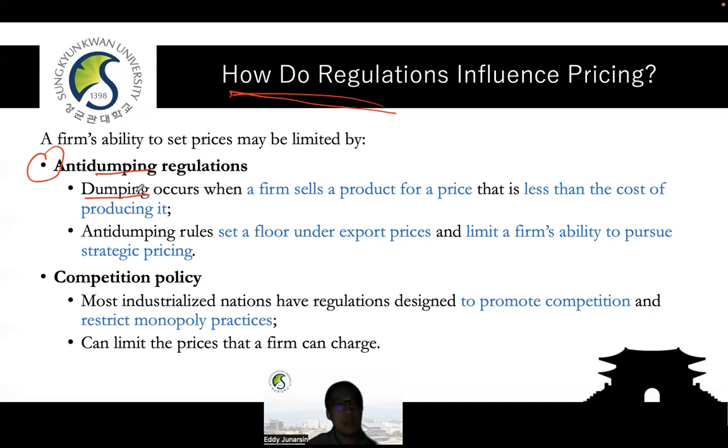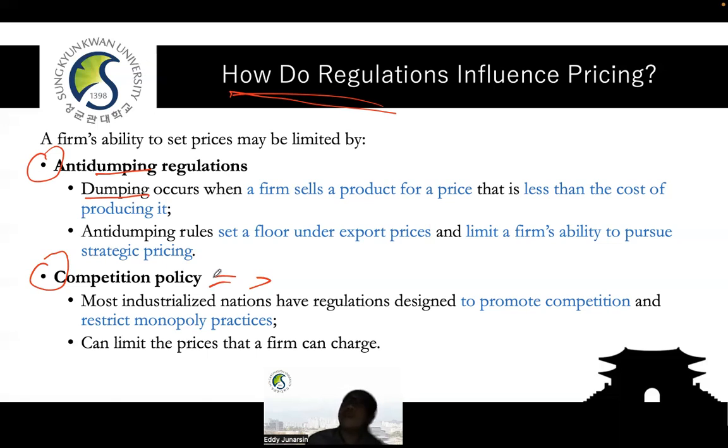So there are many countries that have enacted this kind of anti-dumping regulation, and also competition policy, anti-monopoly and antitrust laws. They might set floor pricing or ceiling pricing to discourage monopoly.